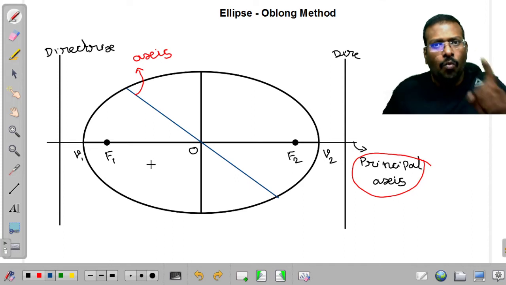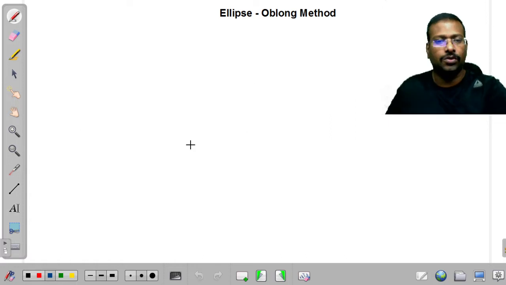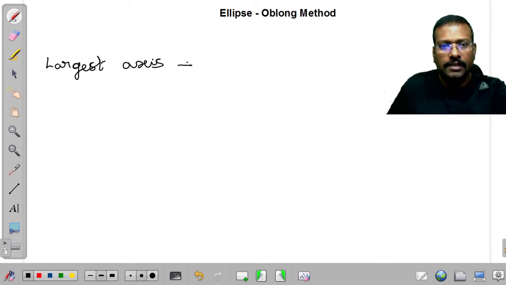Among these, one axis is the largest in its length. The largest axis is considered as the major axis.